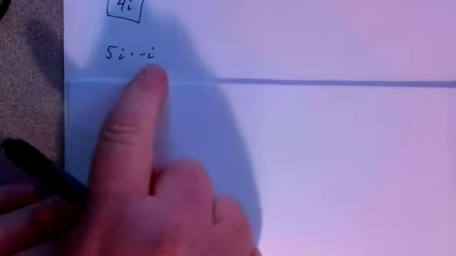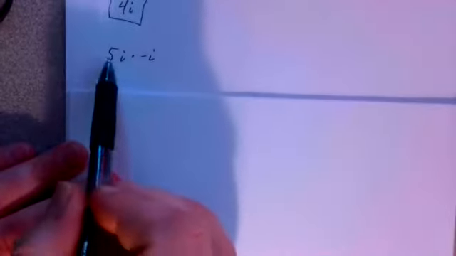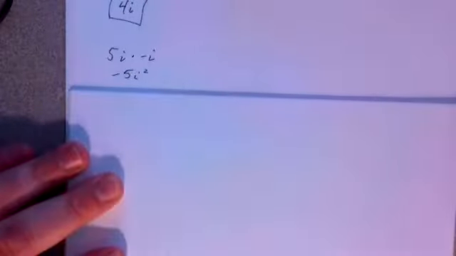These problems are pretty simple. And now here we get to multiplication. So here I have 5I times -I. We're going to treat this just like you would if it was x. If I told you 5x times -x, you'd do pretty well with it. But here we get 5I times -I. So 5 and -1, that's a -5. I times I is I squared. So here I get -5I squared.